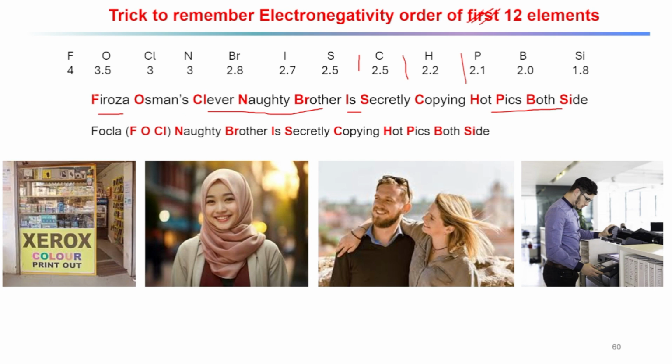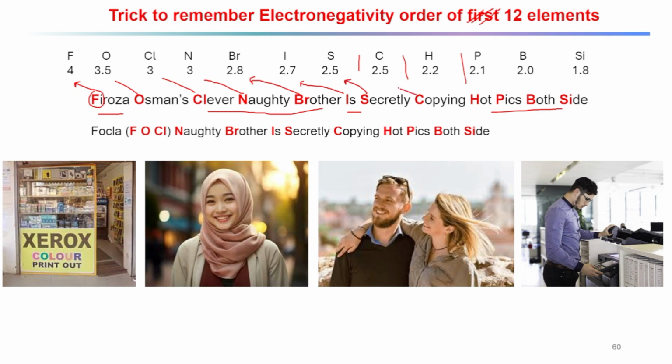From this Firoza, F stands for fluorine. From Osman, O stands for oxygen. From clever, Cl, then nitrogen will come, and from brother, bromine will come, and from this E's, I will come, iodine. In secretly, the first S denotes sulfur.